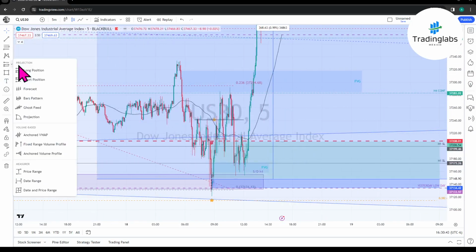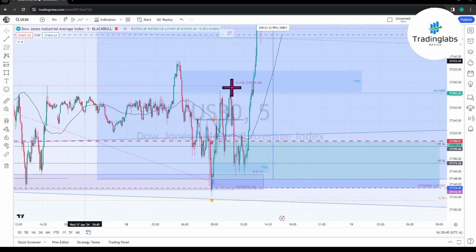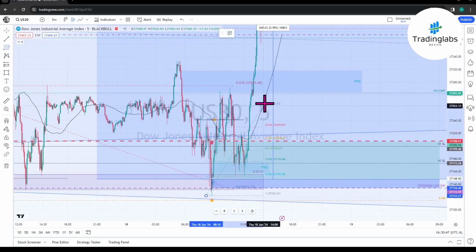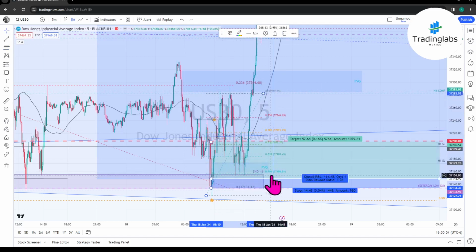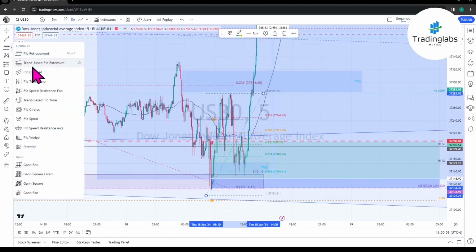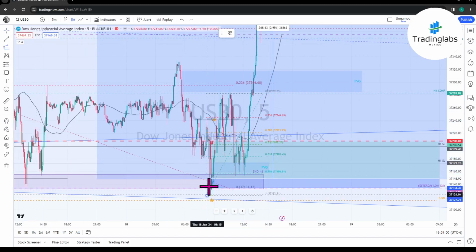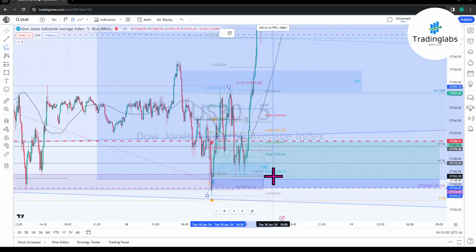Look at this, beautiful. From here to here, reacting at the 0.78. Remember, the extension is not 100% precise, but it can give you a forecast.